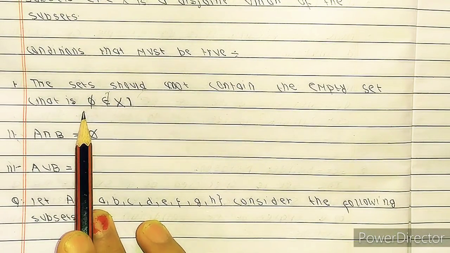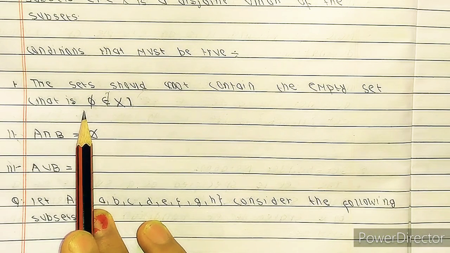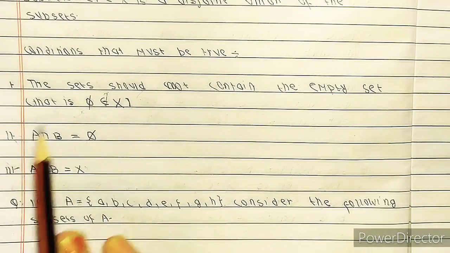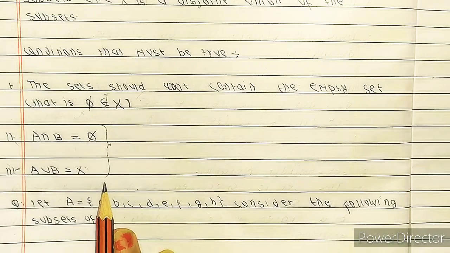Number one condition is a very common condition for partition of a set, and it is applicable for, I think, all of the sets. So this is not too important, but these two are the most important for understanding partition of a set.